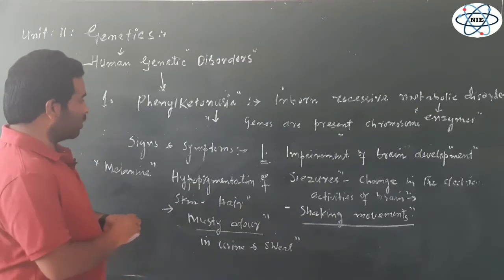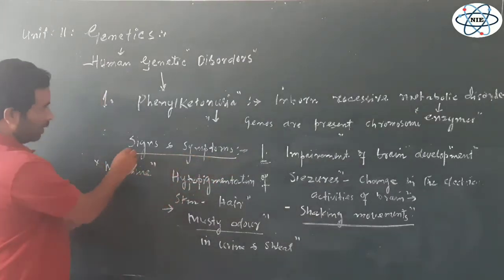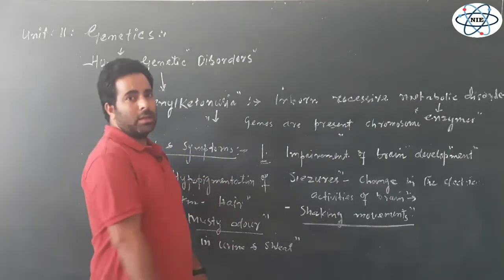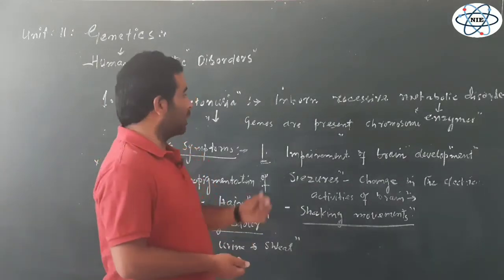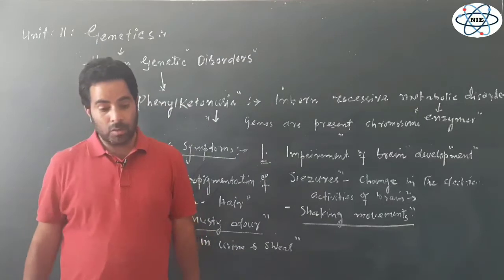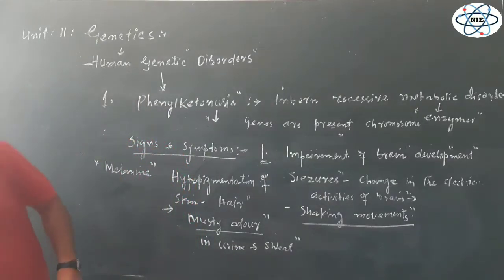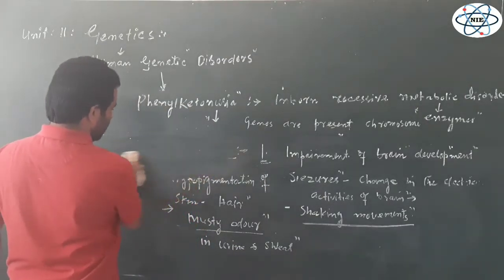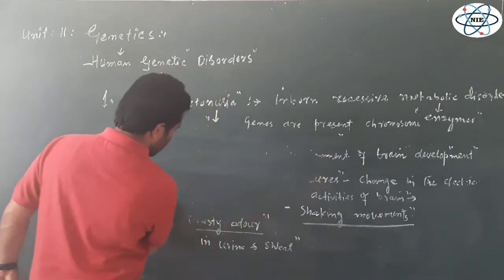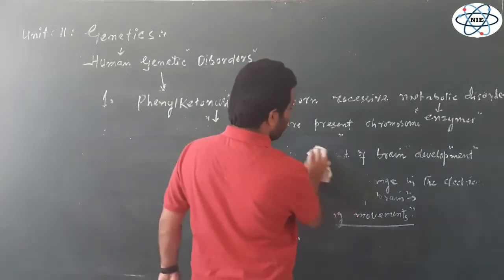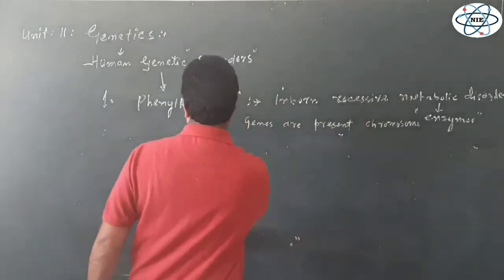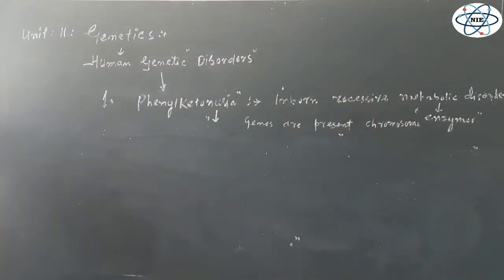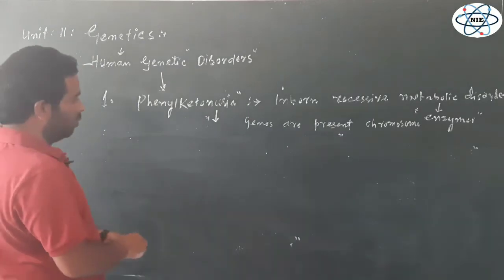Now the next thing that we need to understand regarding this topic is how we can diagnose this disorder, phenylketonuria. So far as diagnosis of this disorder is concerned, there are various tests, various diagnostic procedures that we need to go through.